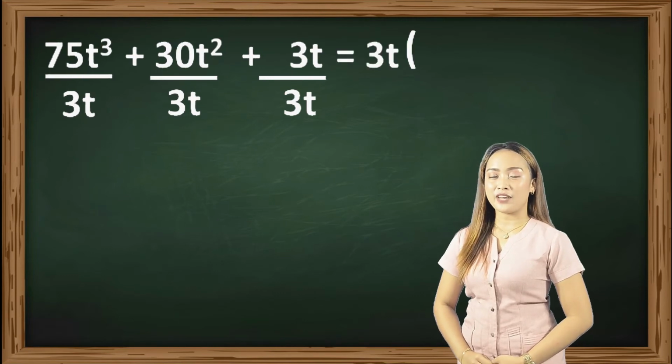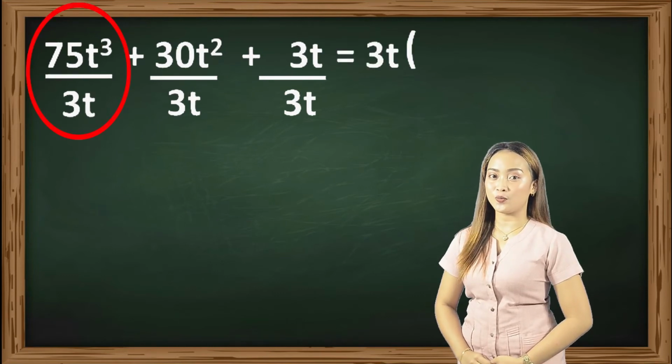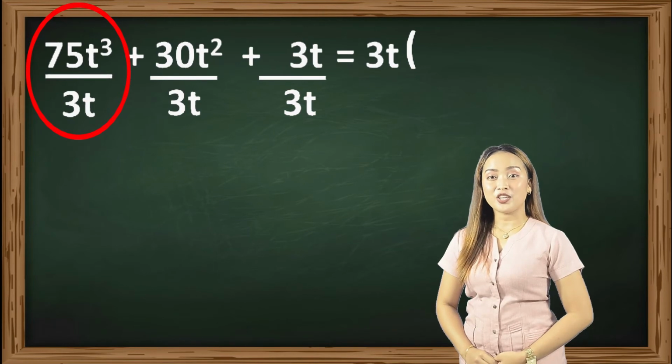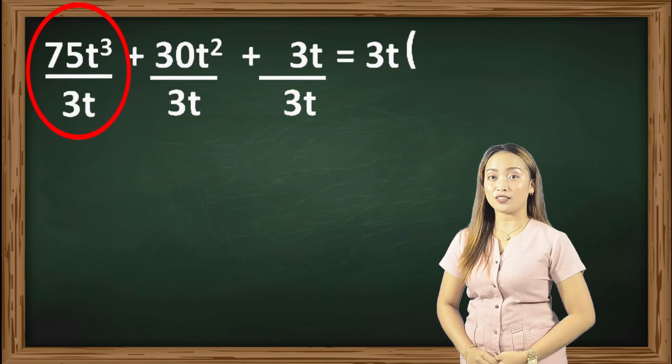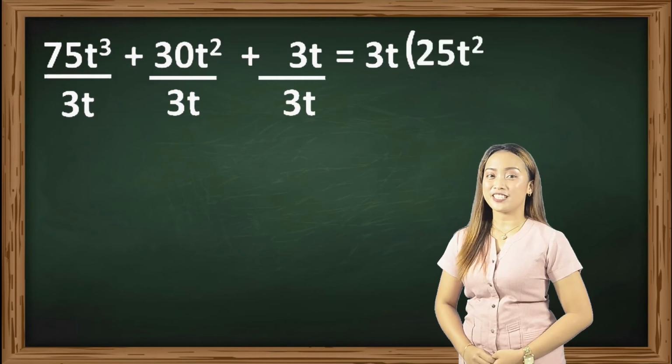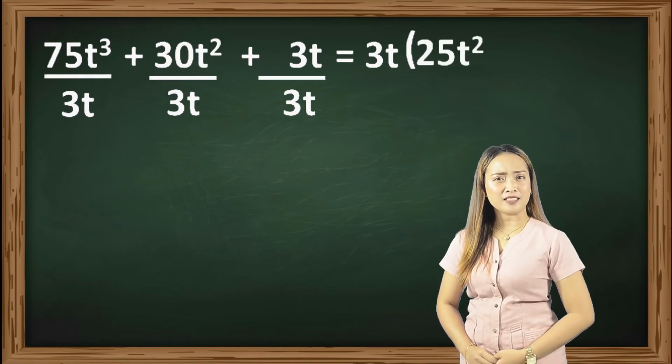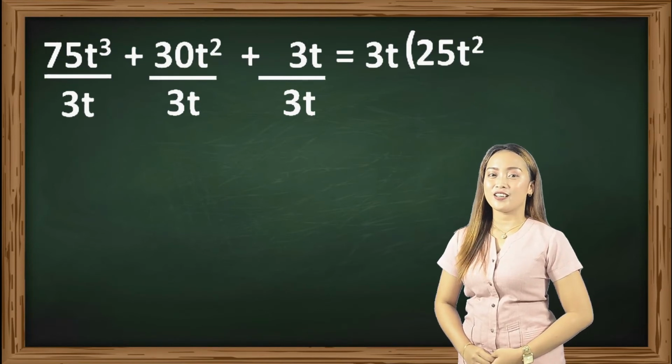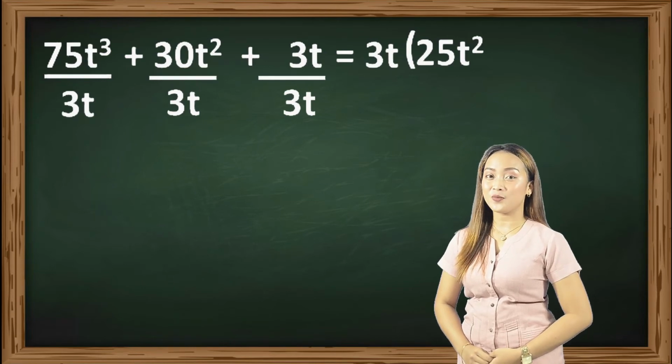Now, let's divide by 3t. Quantity 75t cubed divided by 3t is equal to 25t. Now what happened to the exponent? Yes, subtract. We have 3 minus 1 is equal to 2.